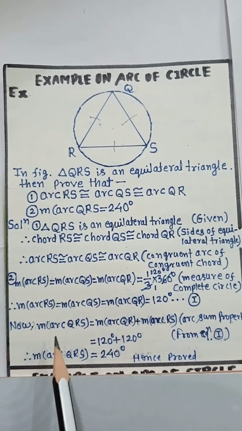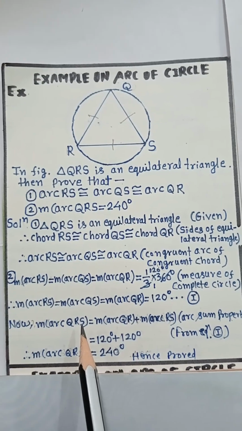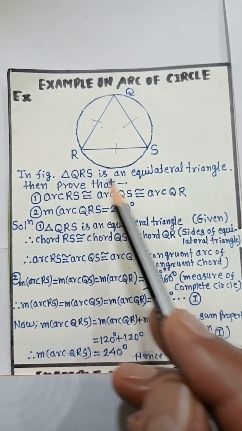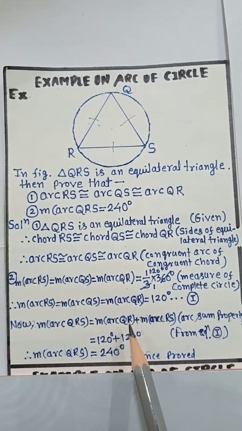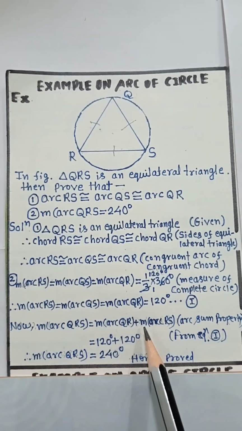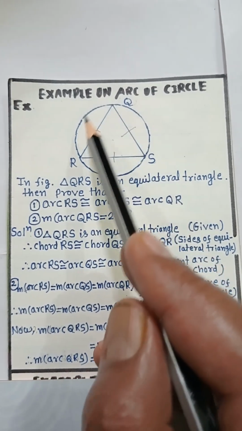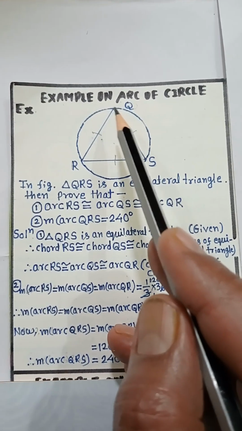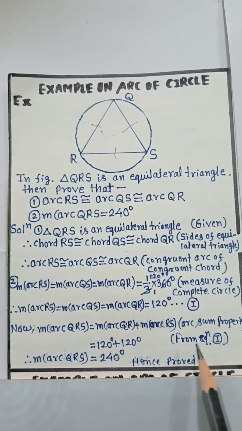Now, measure arc QRS is equal to measure arc QR plus measure arc RS.